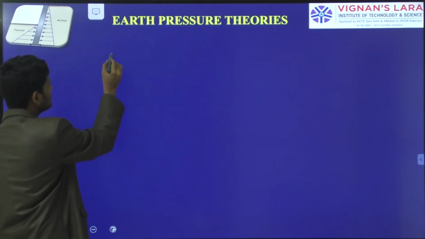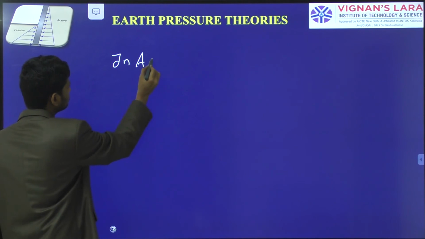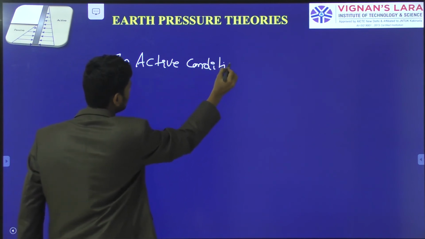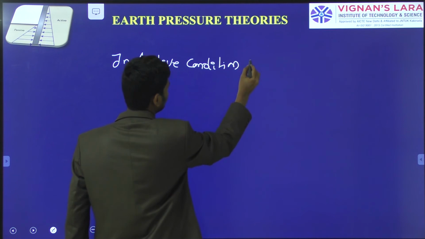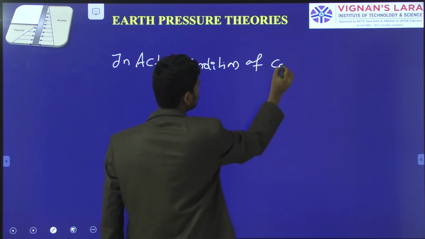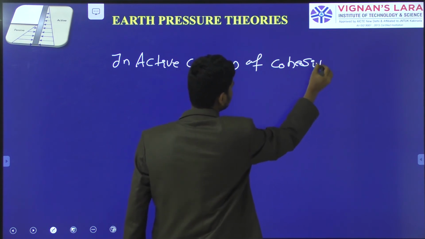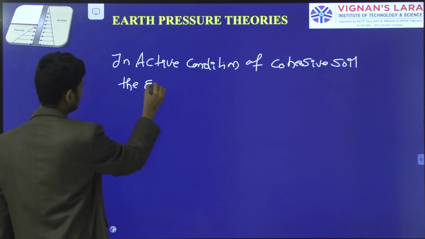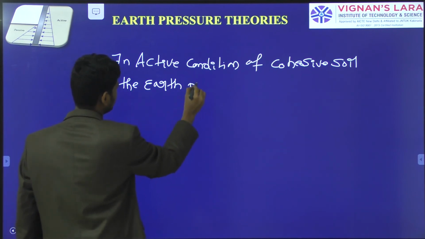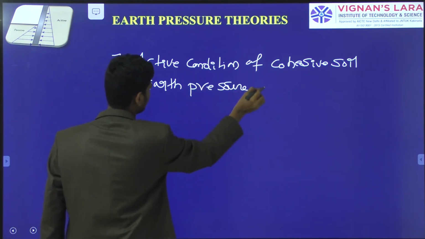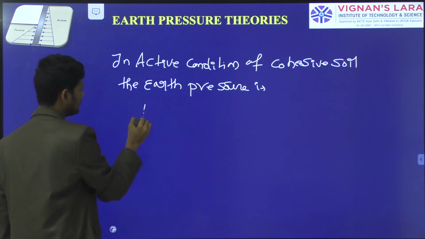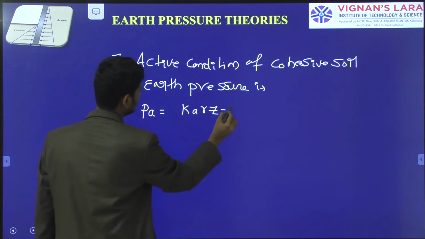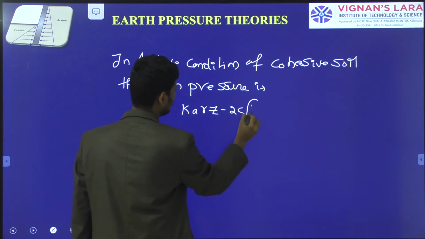Okay, in active condition of cohesive soil, the earth pressure is Pa equal to Ka into gamma into Z minus 2C into square root of Ka.